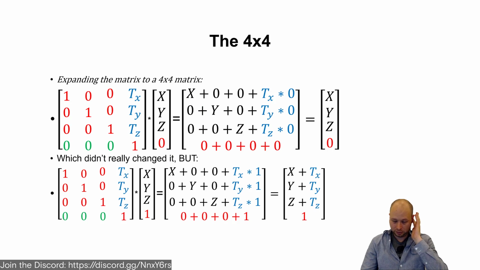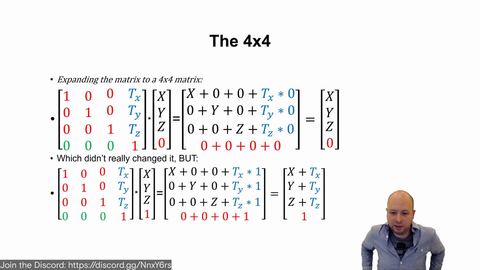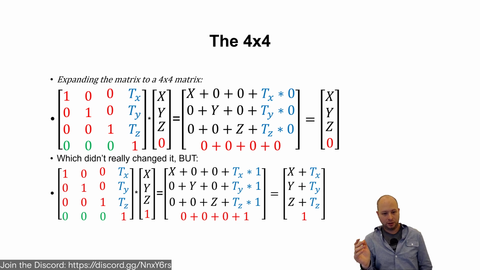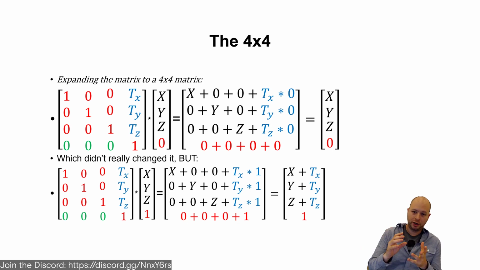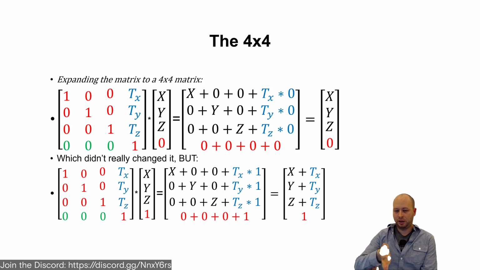And so this is when we start to see how we can do actually a translation. Because if we then leverage, if we put a 1 in the W value, in the 4th value of the vector, then anything in the last column of the translation or the transformation matrix will be preserved.